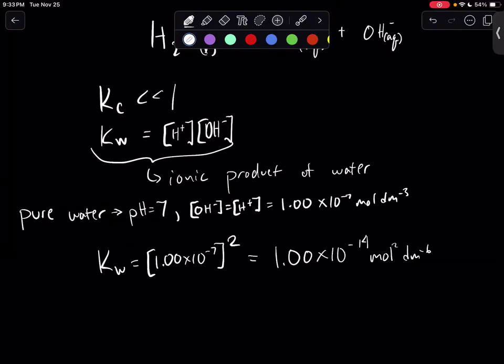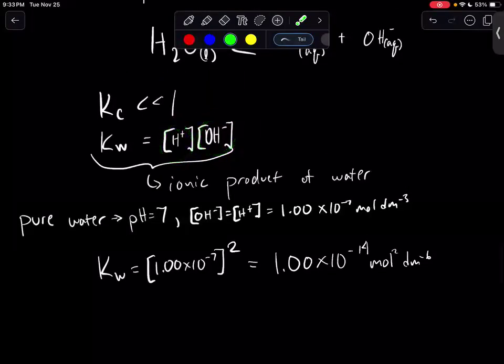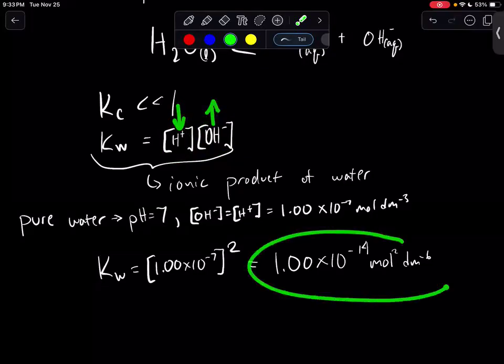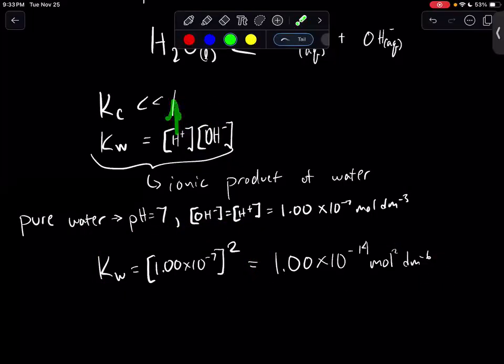We can now look at the relationship between H plus and OH minus by using the ionic product of water. As our H plus decreases, our OH minus will increase to continue to exist at this product. Again, now as our H plus increases, our OH minus will decrease.